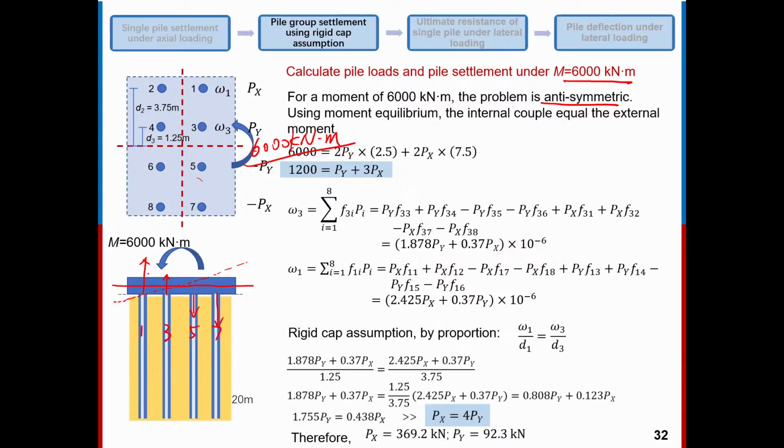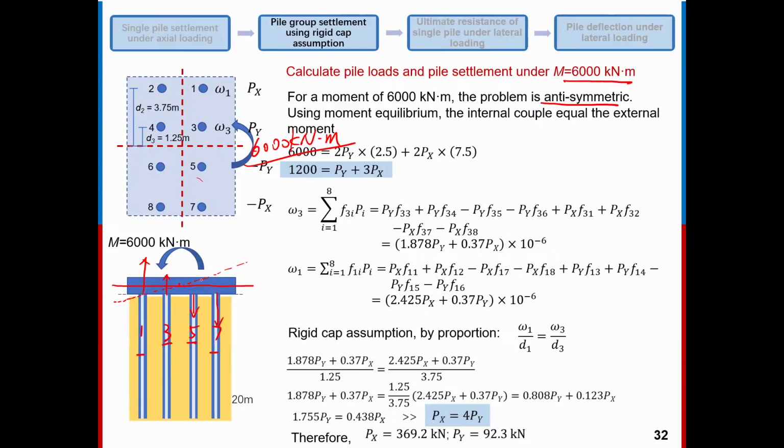Okay, this is the first thing. The directions are opposite for pile 3 and pile 5, also for pile 1 and pile 7. Another thing is the so-called symmetric, which is about the value or the amplitude of the loading.